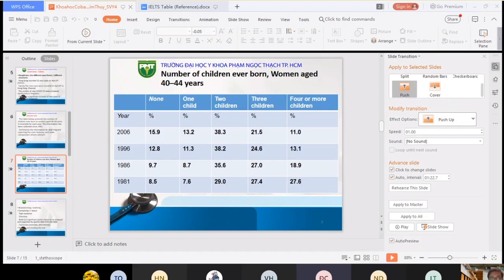And which category accounts for the smallest percentage?